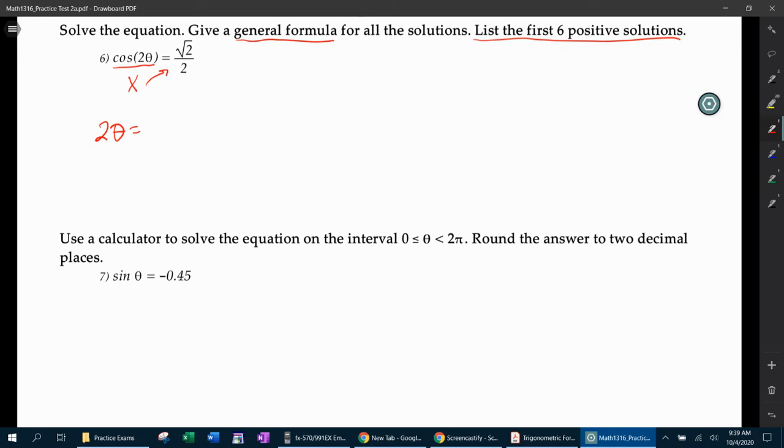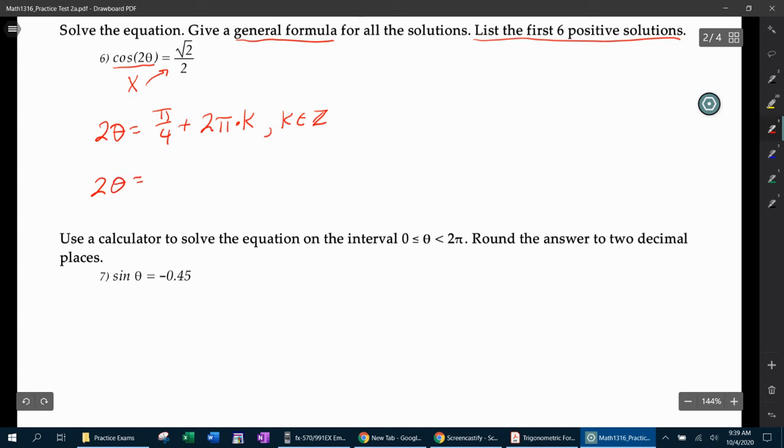So 2 theta will equal pi over 4. And then remember that you're going to hit that same x coordinate every time you make a full circle, which is 2 pi. So that's going to be plus 2 pi k, where k is an integer.